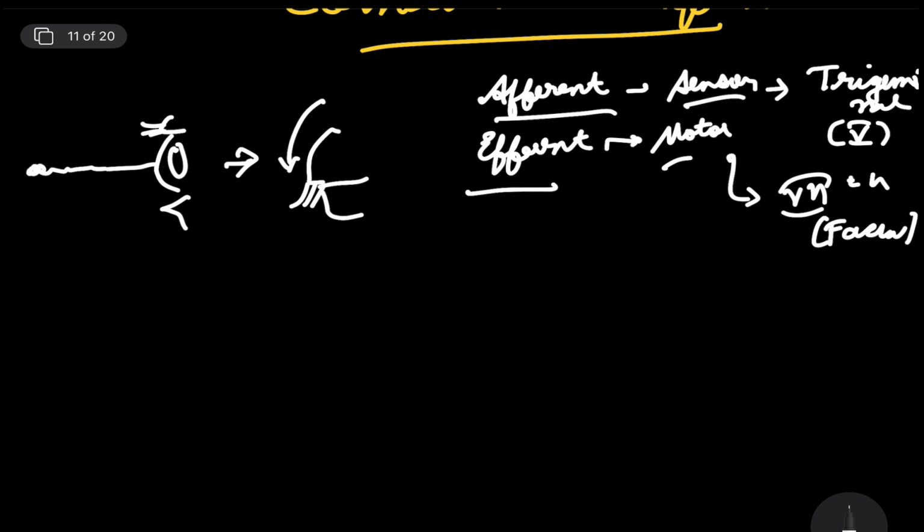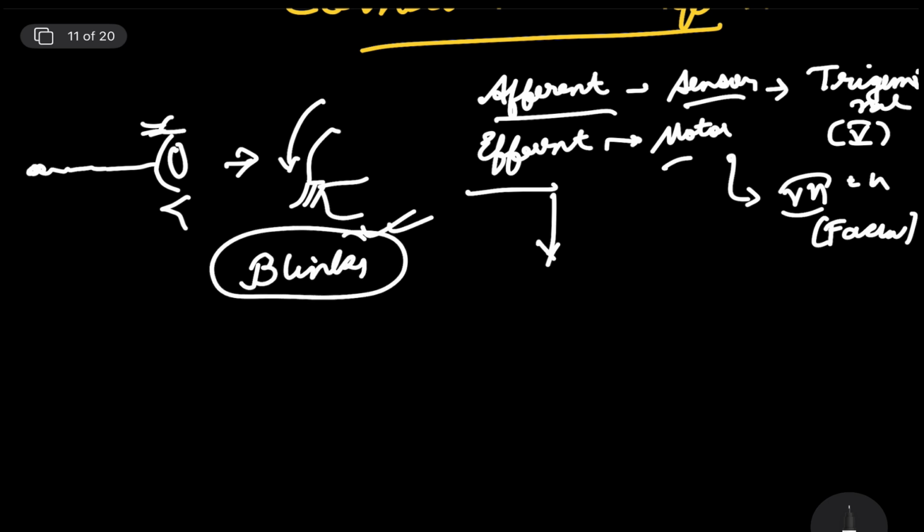Now, we know that the sensations are being carried over from the cornea. But where are the motor impulses going to? The motor function being carried over is that the patient blinks. Blinking means something to do with the eyelid. We'll talk about the eyelid in another anatomy video in great detail. There we will see that the eyelid has different muscles.